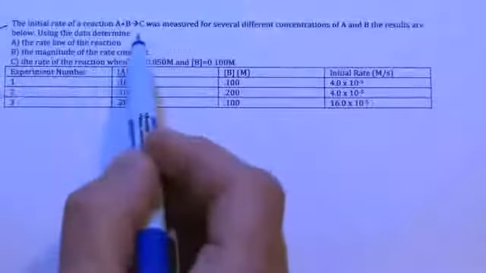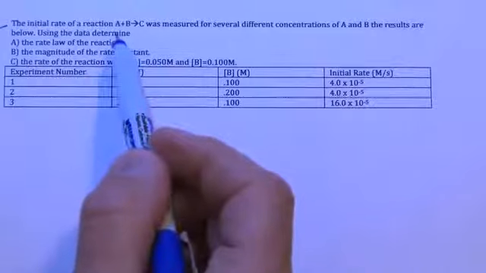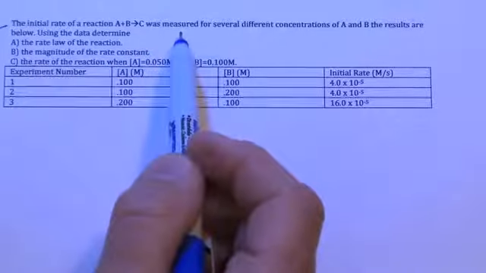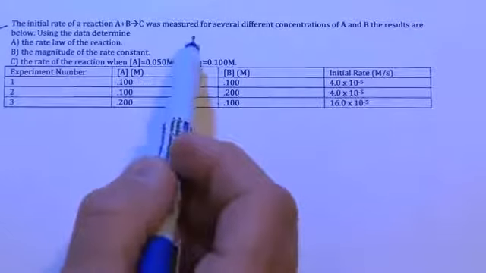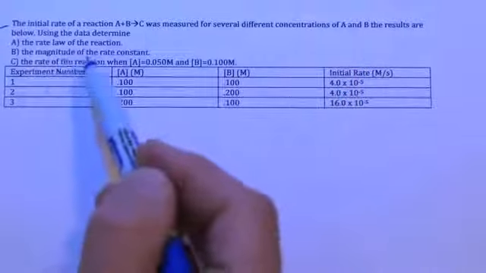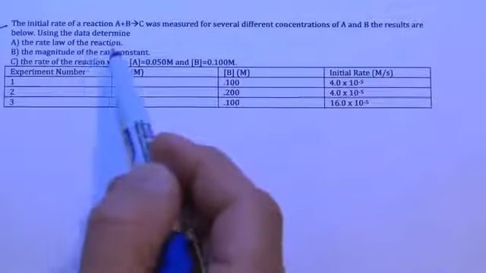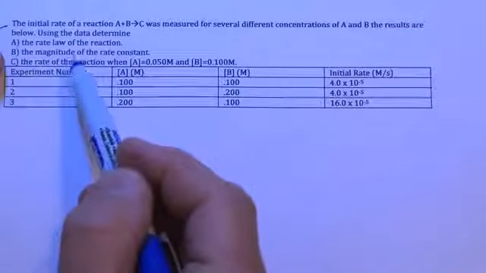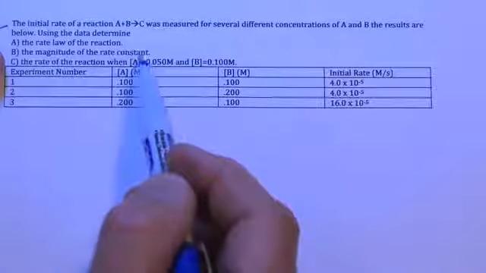Question number 1 says the initial rate of a reaction A plus B goes to C was measured for several different starting concentrations of A and B, and the results are below. Using the data, determine the rate law for the reaction, that's the rate equation, the magnitude of the rate constant, that means the numerical value.